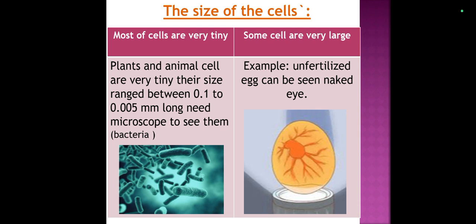Just like bacteria. It's a very, very small cell. We cannot see bacteria with our naked eyes; we need a microscope to see them. But there are some other cells that we can see with our naked eye, like the egg. An unfertilized bird egg we can see with our naked eyes, as shown in the picture.